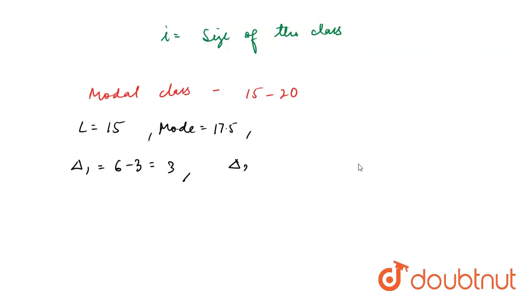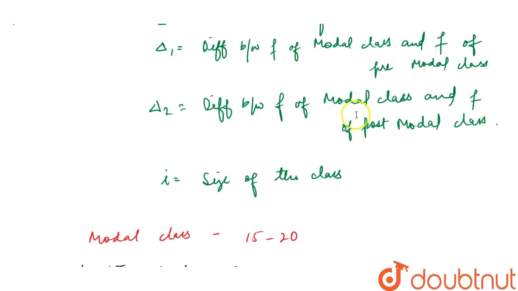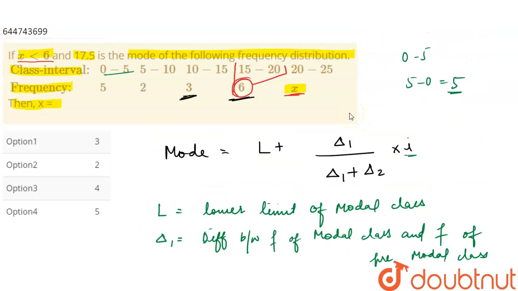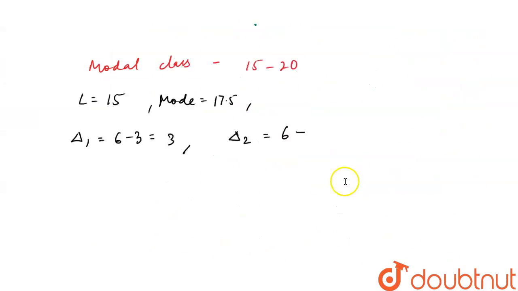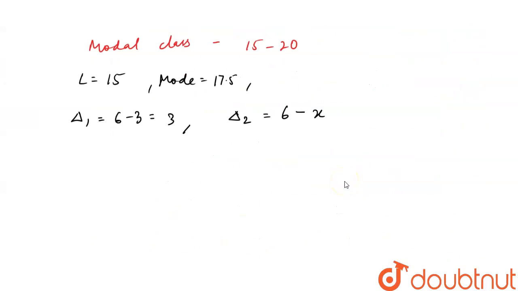Now delta 2 is the frequency of the modal class minus the frequency of the post-modal class, that is x. So 6 minus x, and here we have I equal to 5.